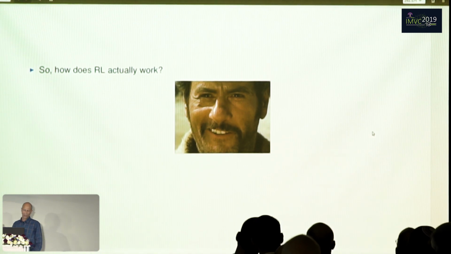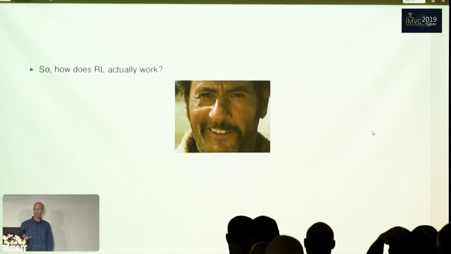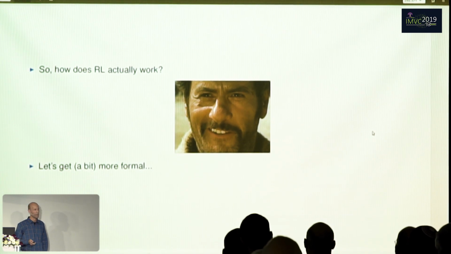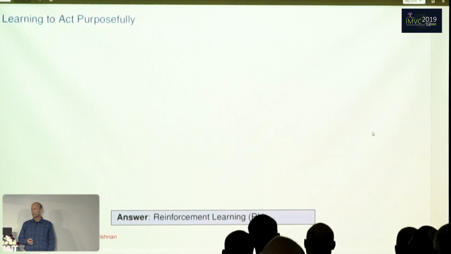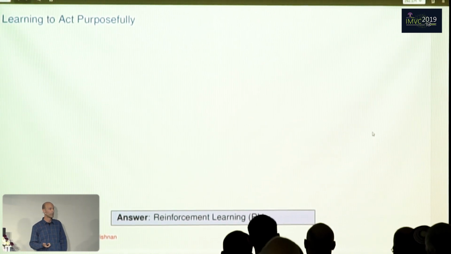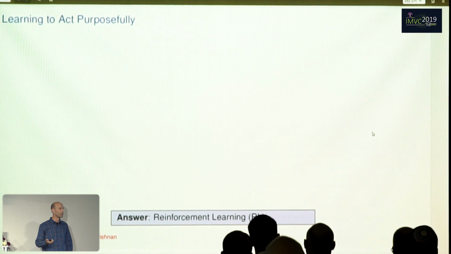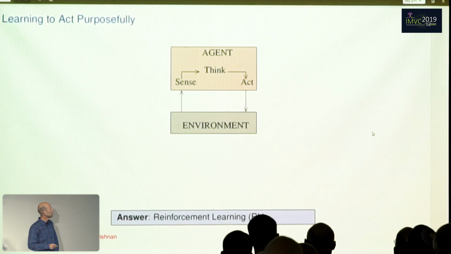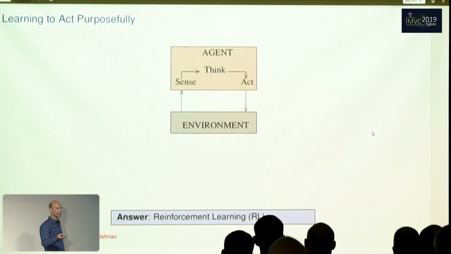Okay, so now that we know that RL can do some nice things, let's see how it works. And for that, we'll need to get a bit more formal. So each scientific area is defined by a research question. What research question defines reinforcement learning? In that context, we think of an agent interacting with an environment, where the agent senses the environment, executes some thinking or decision-making process, selects an action and executes it in the environment.